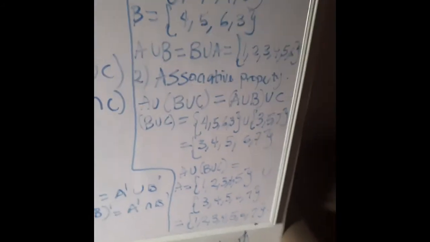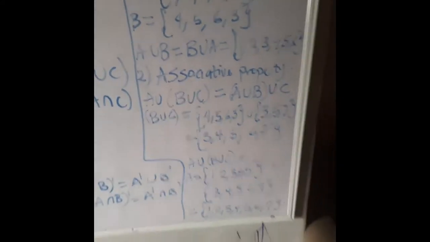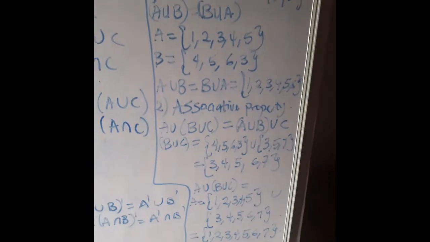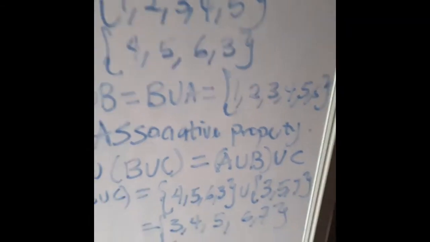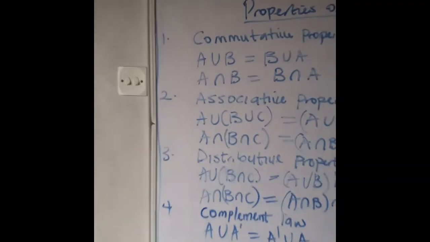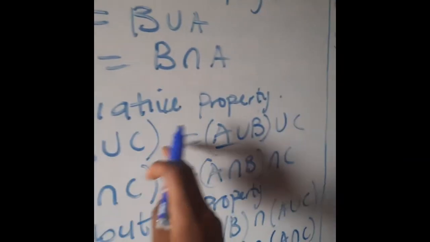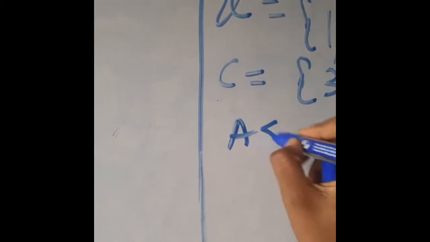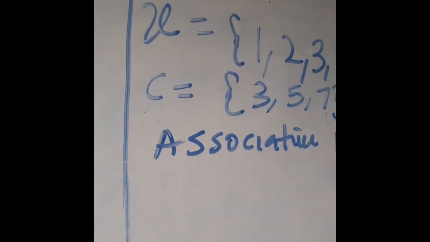So that is that for A union the bracket B union C. If we do it with the other one, we're going to get the same answer. We want to prove that this equals this, and we have done this one. So, associative property.